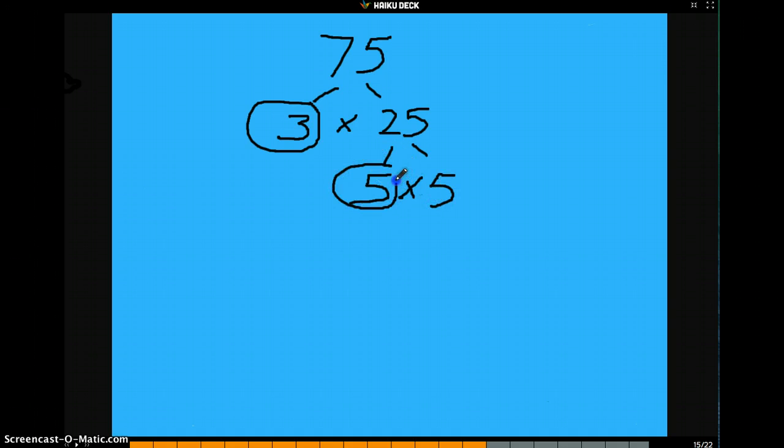And 5 is prime, so there's no other factors besides 5 and 1. So I have my prime factorization, 3 times 5 to the second power. And we can see that 5 times 5, 5 squared is 25. 25 times 3 equals 75.